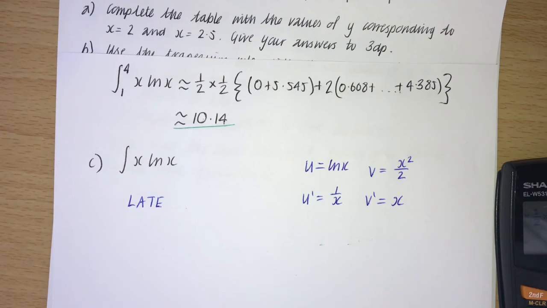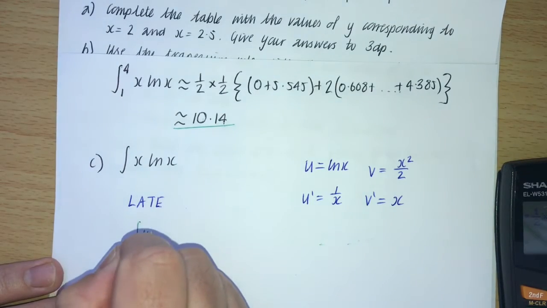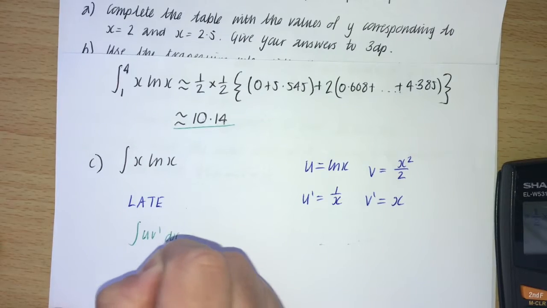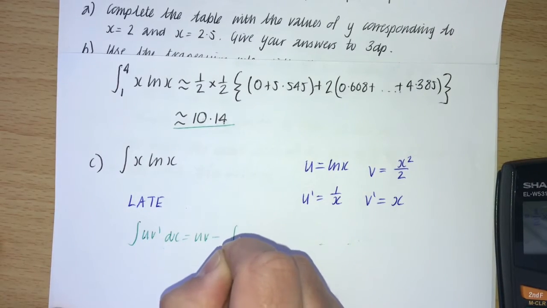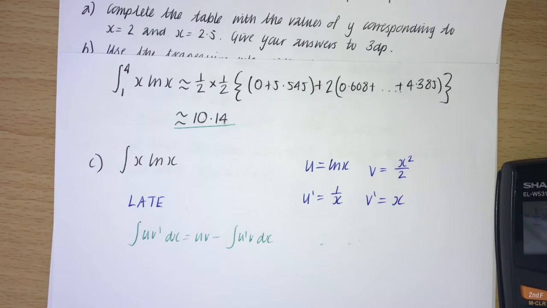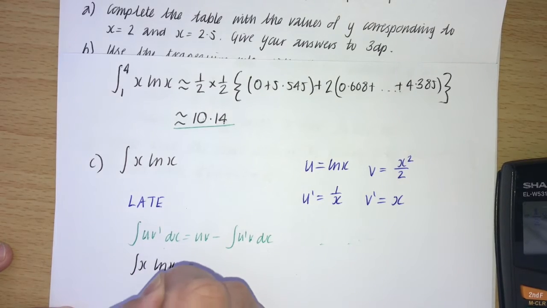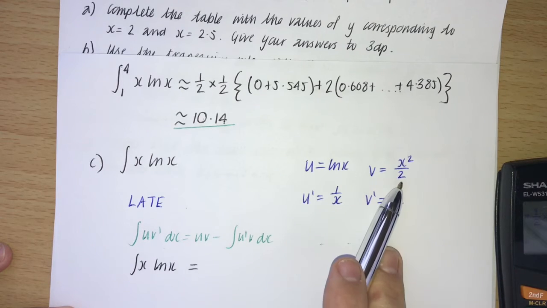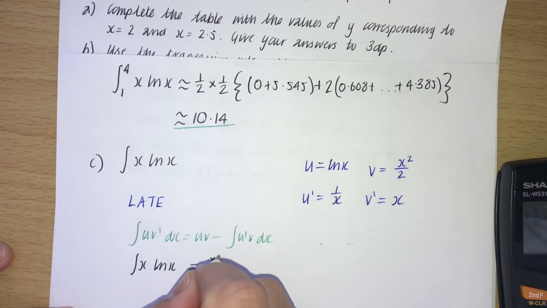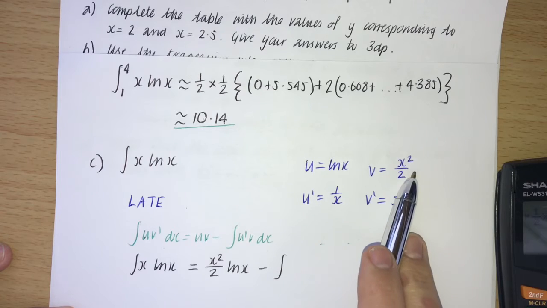So integration by parts, the rule is integral of u v dash dx equals uv minus the integral of u dash v dx. It is on the formula sheet in some form. So we have the integral of x ln x equaling uv, x squared over 2 ln x, minus the integral of u dash v.